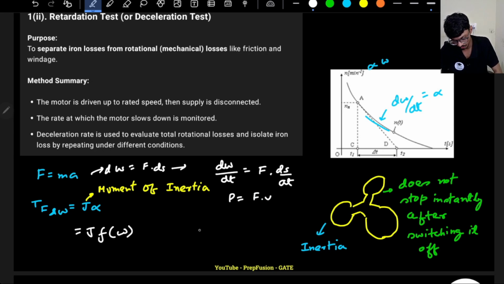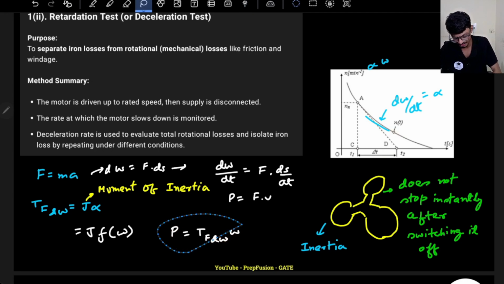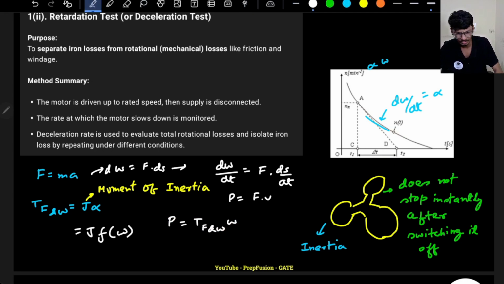Same thing we will do here as well, so I will be able to find out the power. Here it will not be force, it will be torque into omega, and torque itself is a function of omega, which is always varying, right? So I have to find out the average power. How will I find the average power?